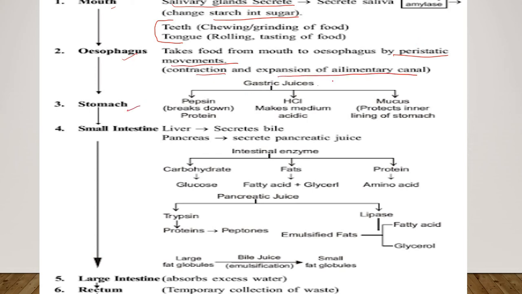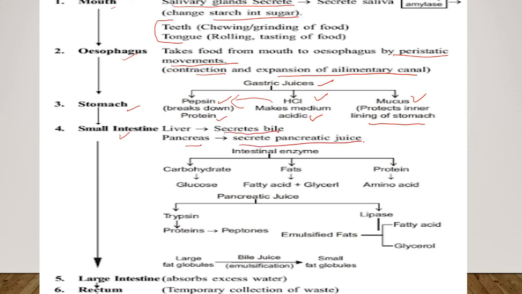In the stomach, gastric juice is released by gastric glands, containing pepsin, HCl and mucus. Pepsin breaks down protein, HCl provides an acidic medium for the pepsin, and mucus provides the lining of the stomach. The small intestine secretes bile.